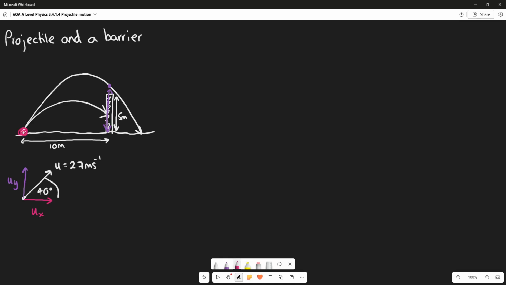So this object is going to travel horizontally at a constant speed, and we want to know how long a time it takes to get to the barrier. It's traveling at a constant speed, so we can just use the simplest of equations. How much time does it take to get to the barrier? The barrier is 10 meters away, and we are traveling at a velocity that needs to be resolved from this information.